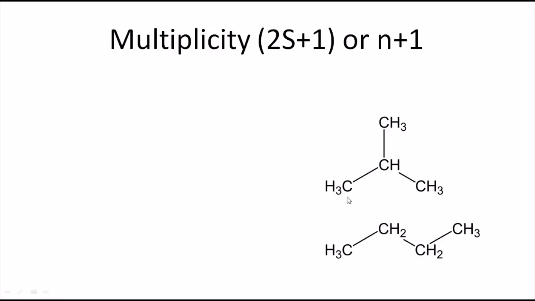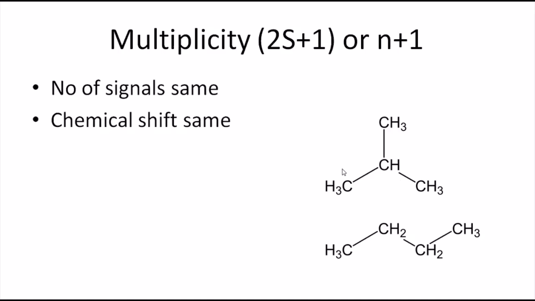But by seeing the multiplicity, the number of signals won't help, but by seeing the multiplicity and also the intensity, these two will help. The number of signals is the same, the chemical shift is also almost the same, and the multiplicity is different.